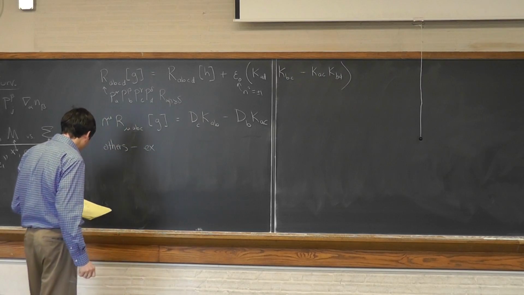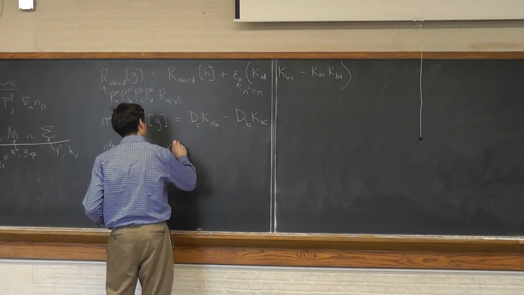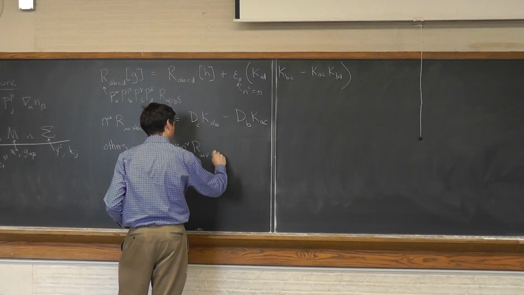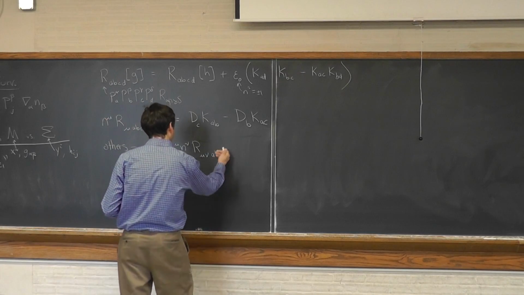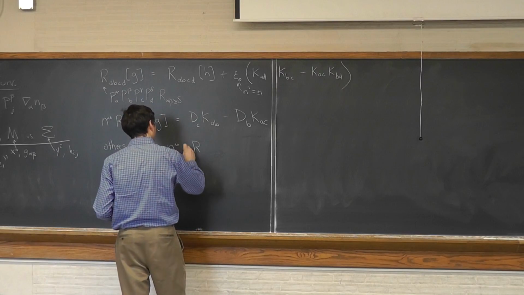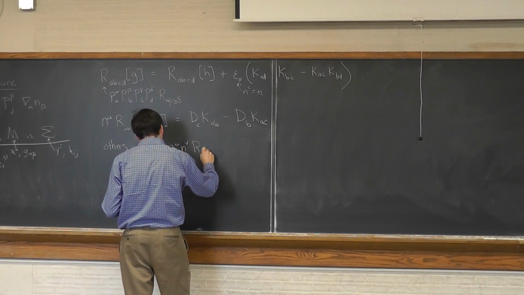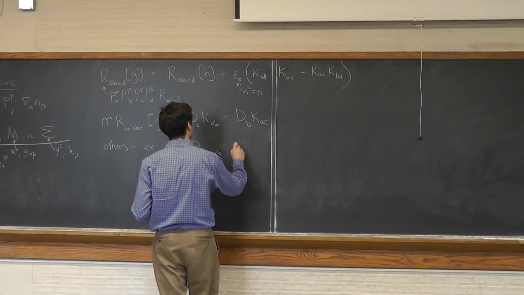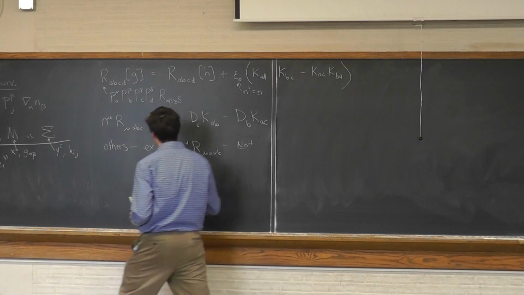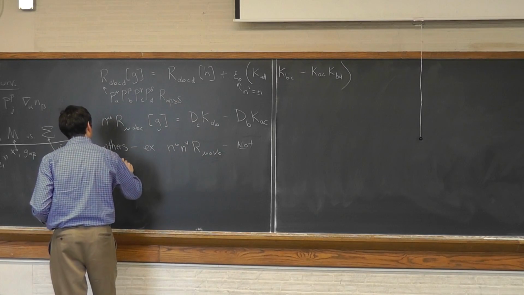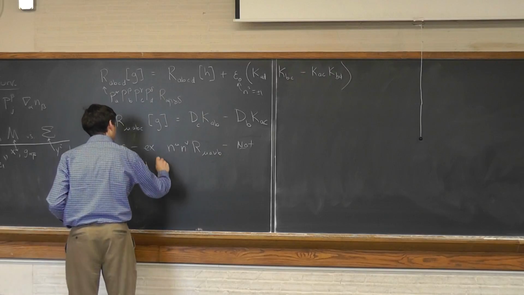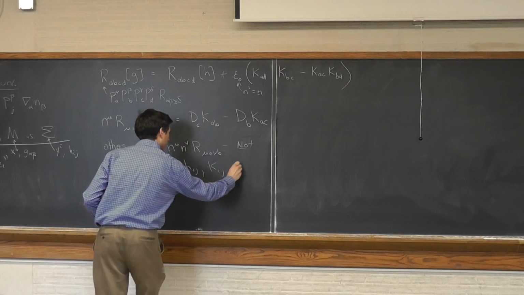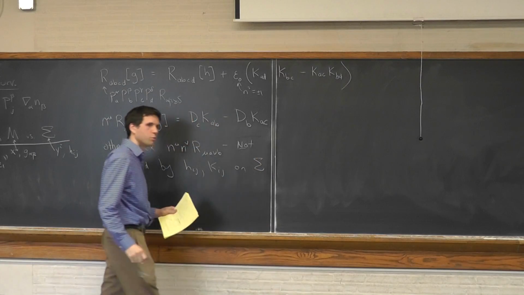The other components of Riemann, for example n^mu n^nu R_mu A nu B, are not determined by h_ij and K_ij on the hypersurface sigma.